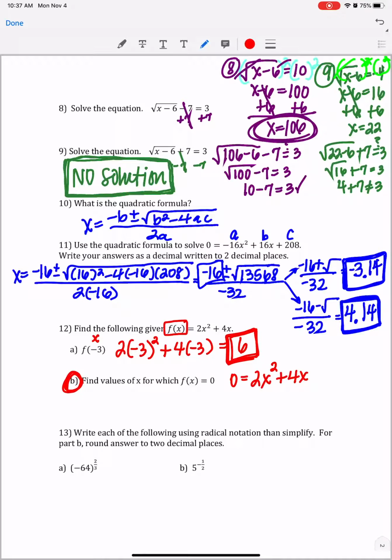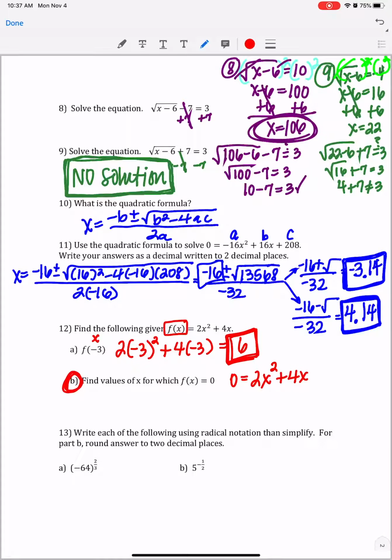You can use the quadratic formula, don't recommend it, or we can just factor. When you factor, ask yourself two things first. Is it in standard form? And yes, it is, because f of x equals 0, which we should have asked ourselves on this one too. Okay, quadratic formula and factoring, you need it in standard form, which means that it equals 0.